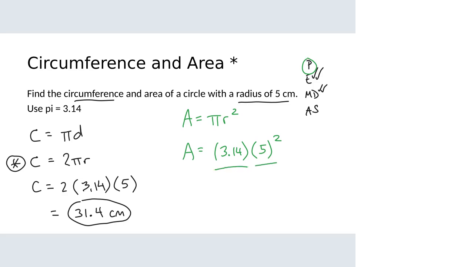What I've done here is write these parentheses down just to help me keep things organized. It'd be okay if I wrote 3.14 times the radius squared. It would mean the exact same thing. But the parentheses just help things stay organized. There's no symbol in here, so I know it means multiplication. And so I'll use parentheses like that often.